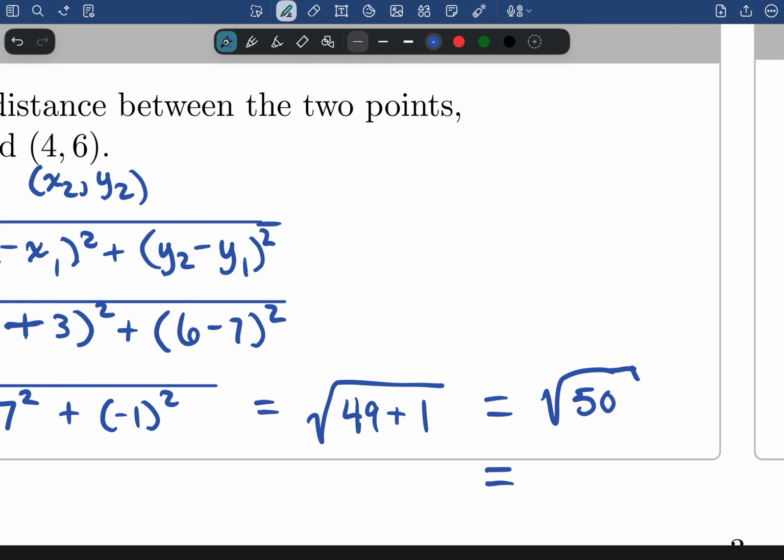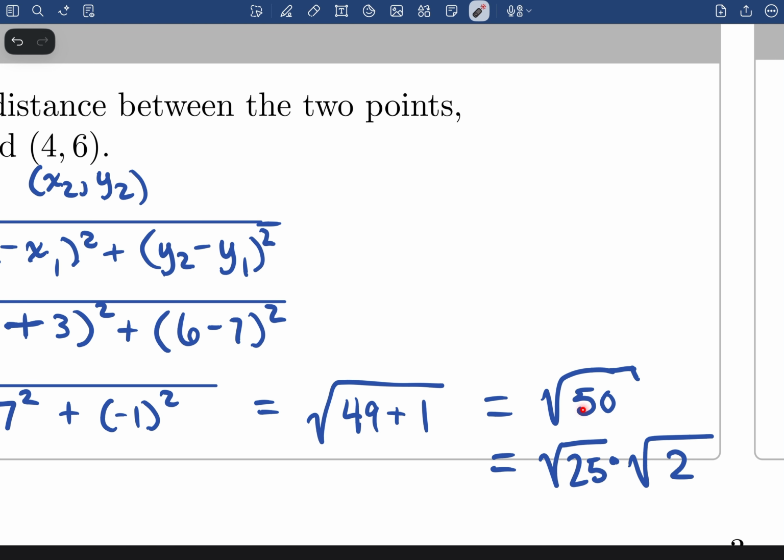50 is like 10 times 5, but 10 is 2 times 5. So 50 is 2 times 5 times 5. And so it simplifies to 5 root 2. Okay. Now what you could do to clean this up, you could use the product rule of radicals and separate 50 into a perfect square and the leftovers, right?